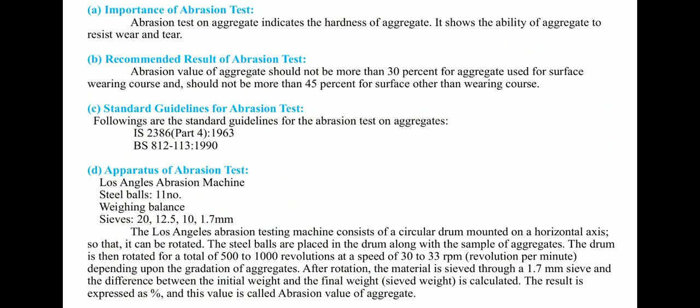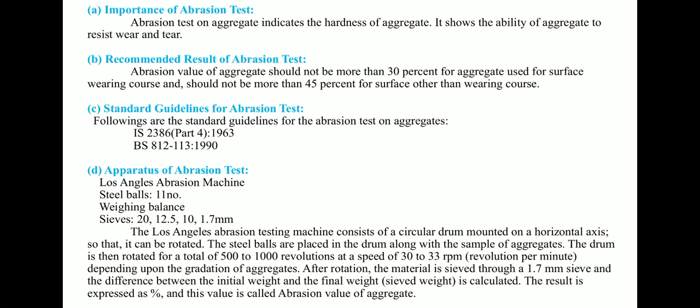It shows the ability of aggregate to resist wear and tear. The recommended results for the abrasion test are that the abrasion value of aggregate should not be more than 30% for aggregate used for surface wearing courses and should not be more than 45% for surfaces other than wearing courses.